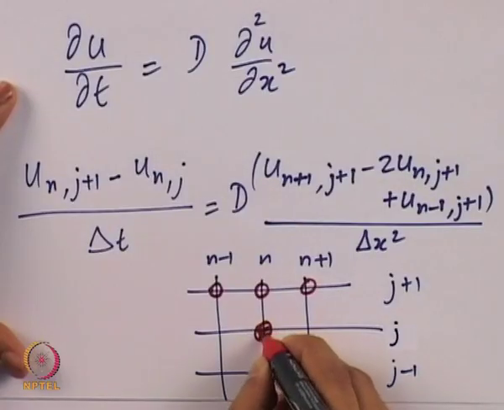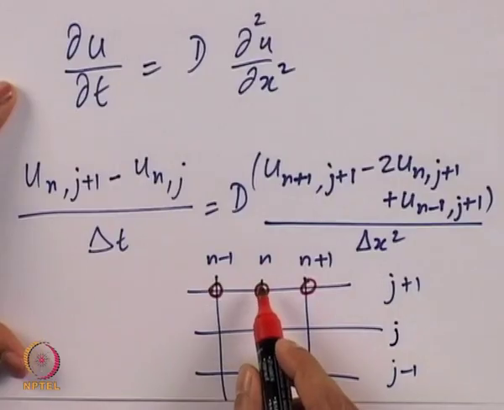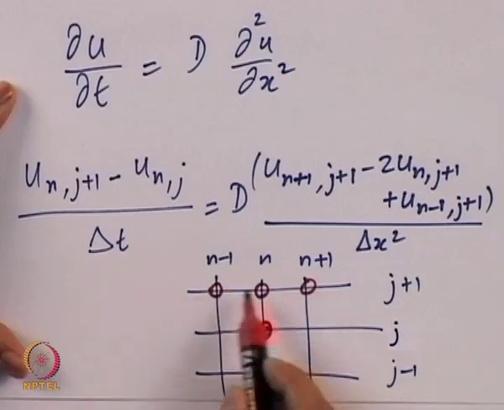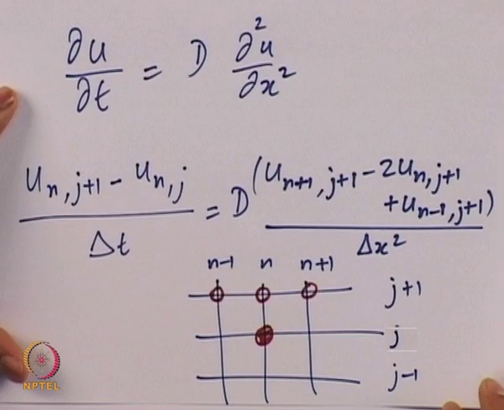This is the value that we know, and we are interested in computing the value at n comma j plus 1, but obviously we don't know these other two values as well because these are also at time step j plus 1. How are we going to do that is the method of implicit calculation.